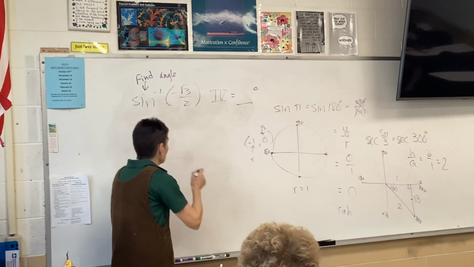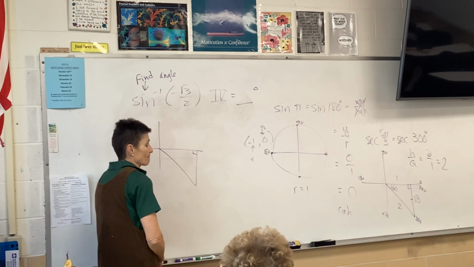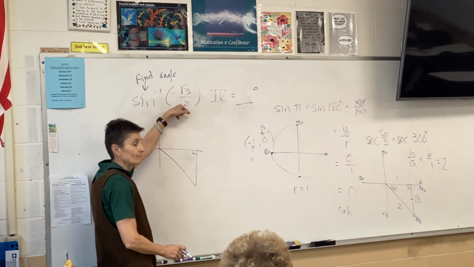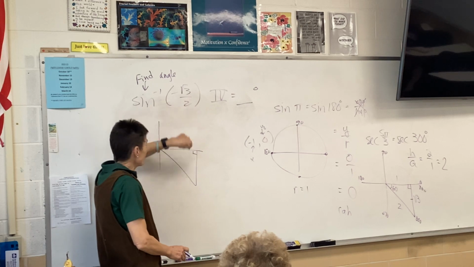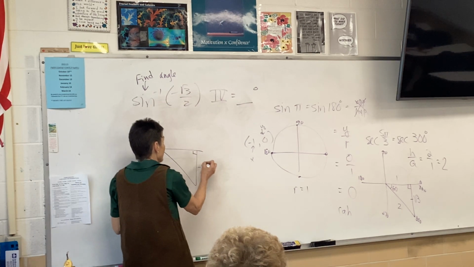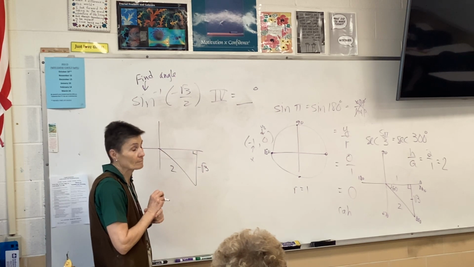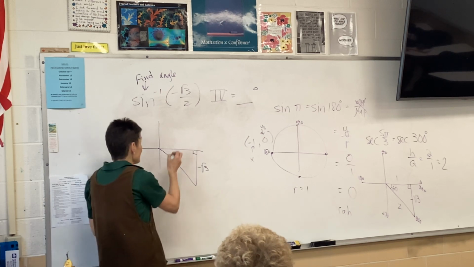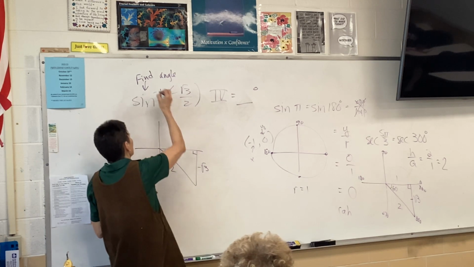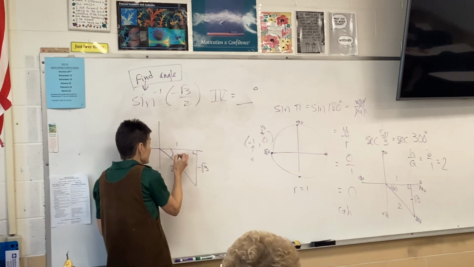All right, now I told you to draw it in quadrant 4. What does this tell me? This tells me something about my triangle. What does it tell me? Opposite is negative root 3 and hypotenuse is 2, which means that's 1. And the angle, which is what I'm looking for, the angle is 60.